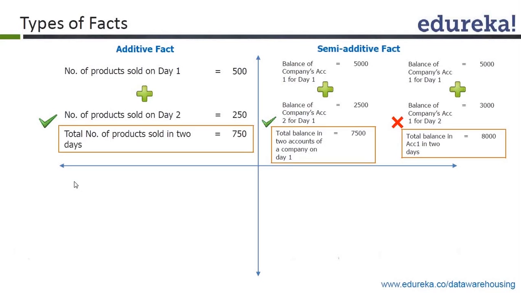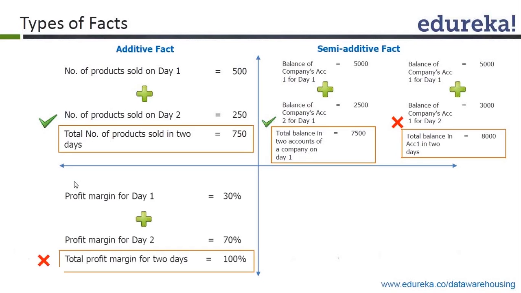Another example we are going to see now is profit margin. In this case, you can never add profit margins together, for either day 1 or day 2. For a particular company, for a particular product, or for the whole sales, the profit margin on day 1 was 30% and on day 2 was 70%.